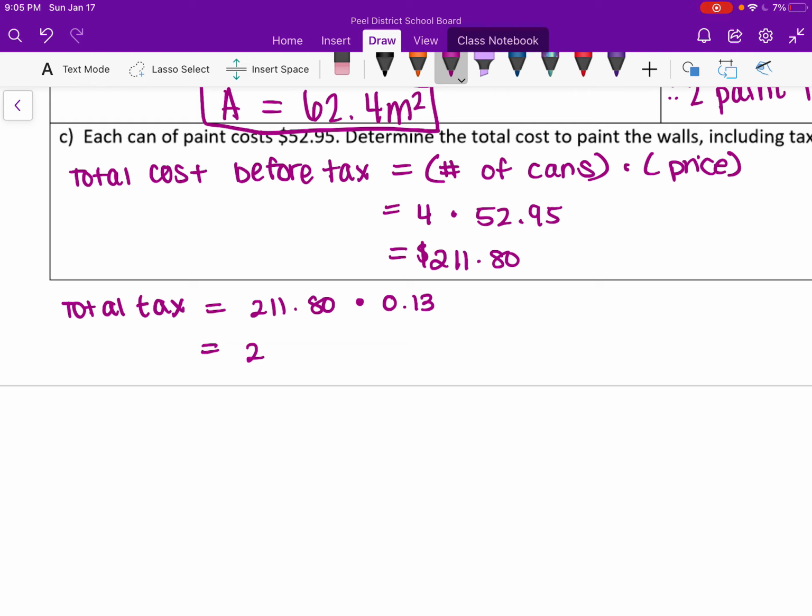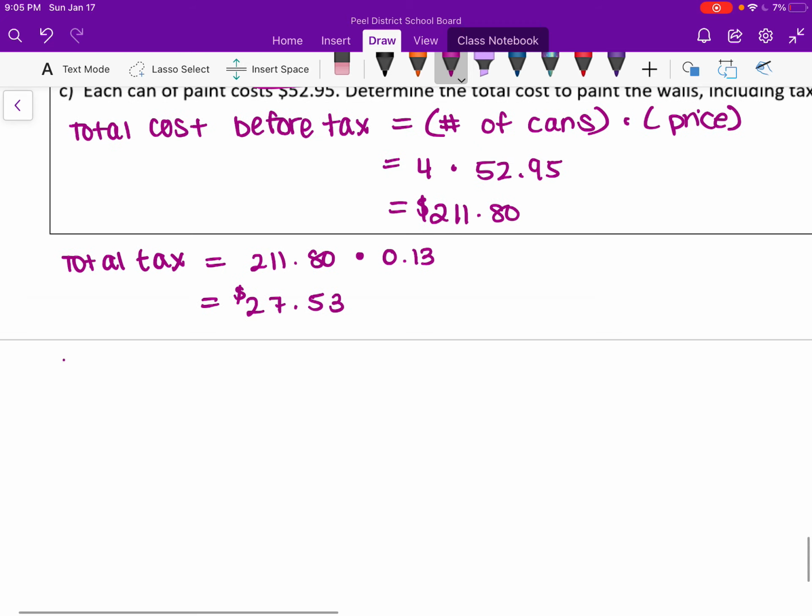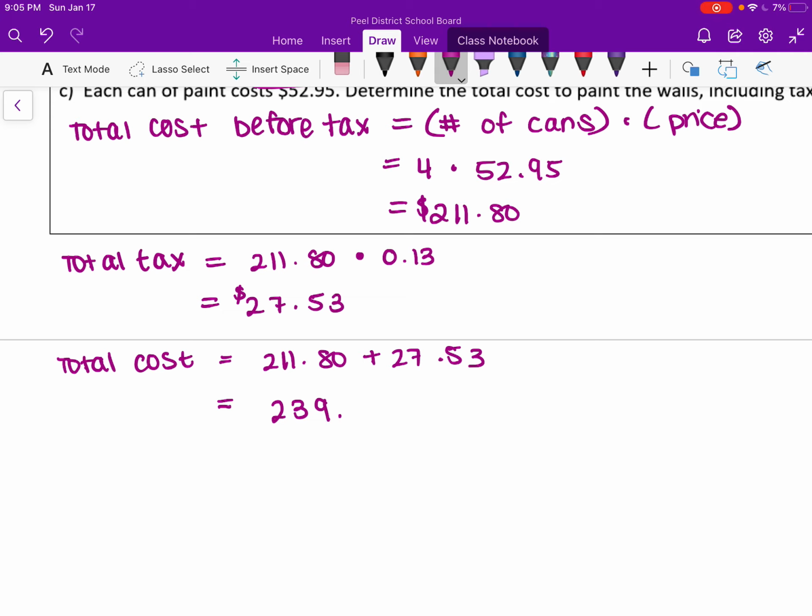So you'd have 27.53 that you would pay in tax. So total cost would be equal to 211.80 plus 27.53, which would give you about 239.33. So that's how much you would pay in total for your paint.